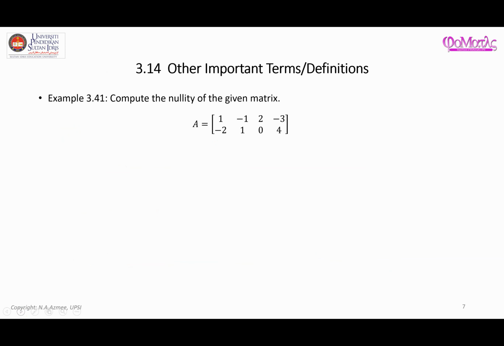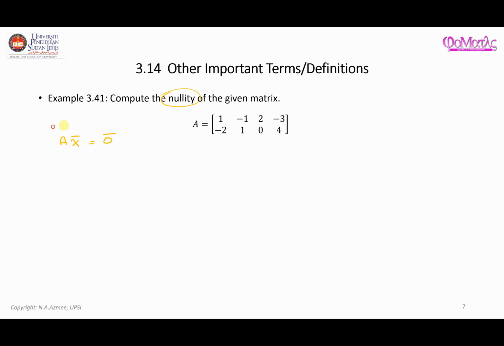Okay, right, another example before we end this video. So here we have matrix A, and again the question is asking you to find the nullity of the given matrix, and the starting point that we have to consider is Ax equals 0.